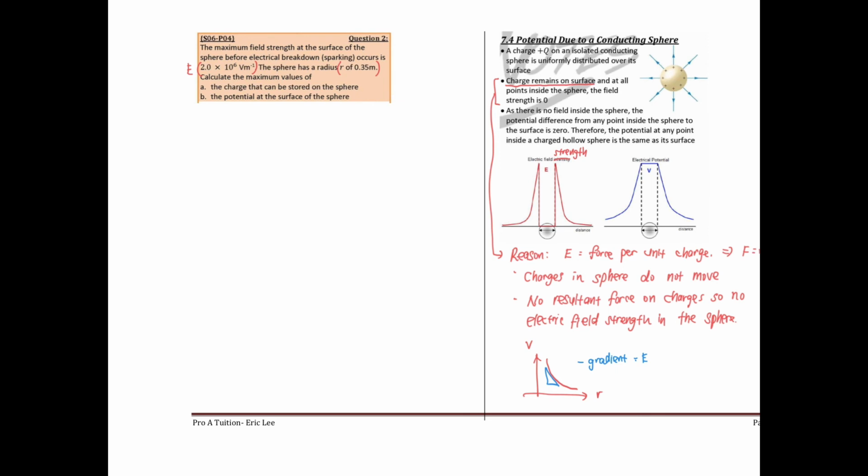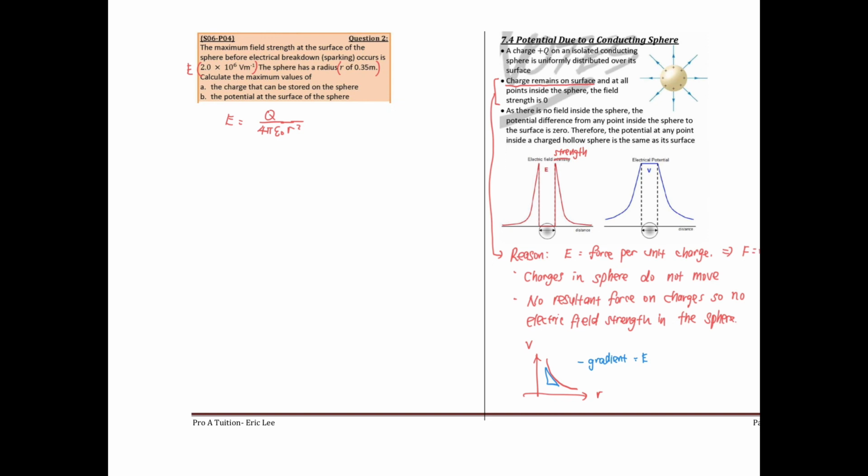Calculate the maximum value of charge that can be stored on the sphere. That means you have to find Q. So we have E, we have R. The formula is E equals Q over 4 pi epsilon naught R squared.